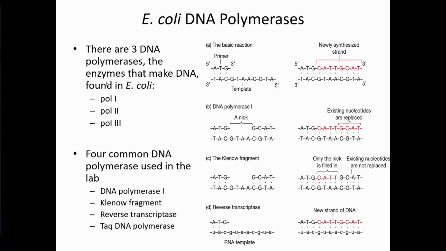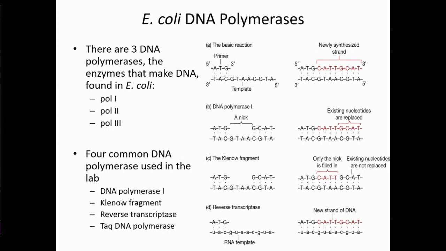When you degrade those RNA primers, you need POL1 to fill in the gap, right? POL1, DNA polymerase 1, not only fills in the gap, but also replaces the original nucleotide. That's because POL1 has 5' to 3' exonuclease activity, so it can degrade those existing nucleotides and then add new nucleotides.